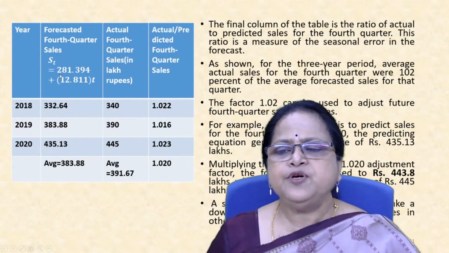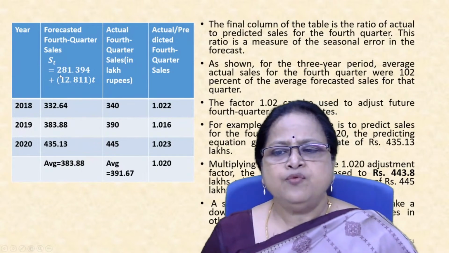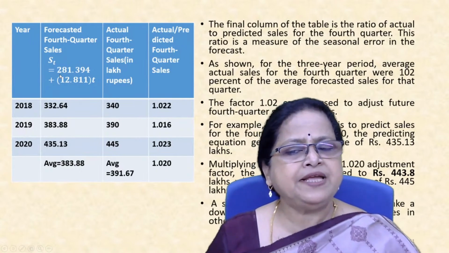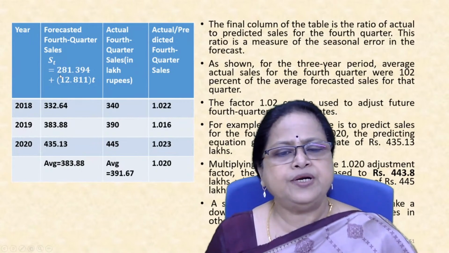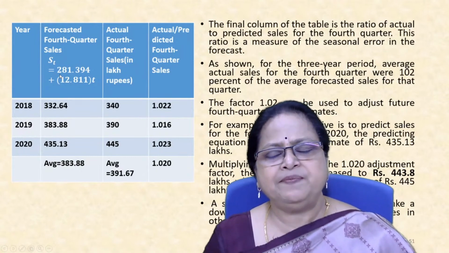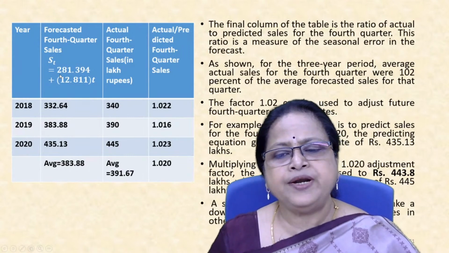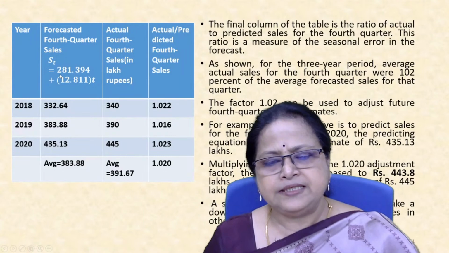For example, if the objective is to predict sales for the fourth quarter of 2020, what will happen? The predicting equation generates an estimate of 435.13 lakh. But let us multiply this by 1.020, the average ratio of actual divided by predicted, and you get rupees 443.8 lakhs, which is actually closer to the actual sales.